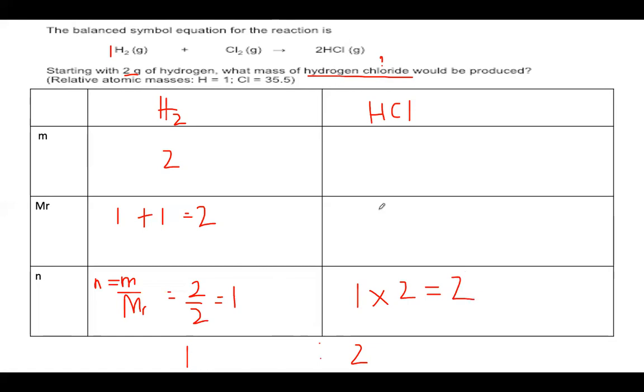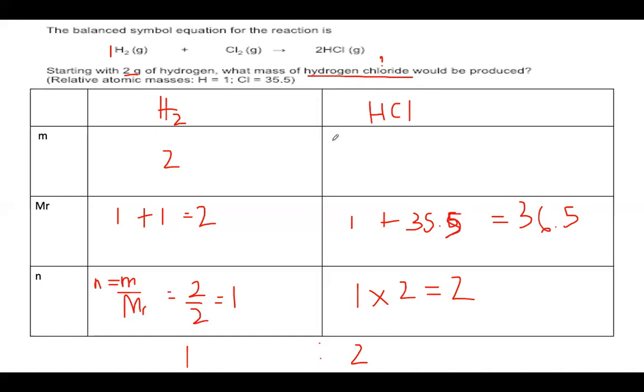The MR, we've got 1 lot of hydrogen, so that's 1 plus 1 atom of chlorine, so that's 35.5. So that means that MR is 36.5. That's a 5, not a 6.